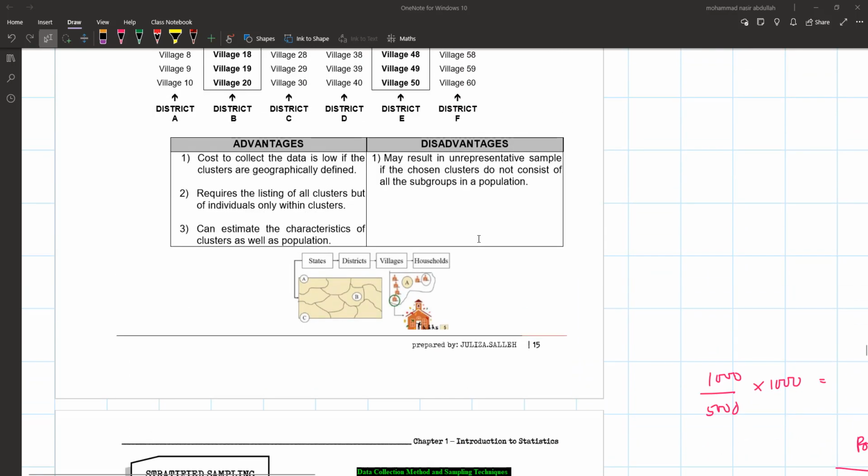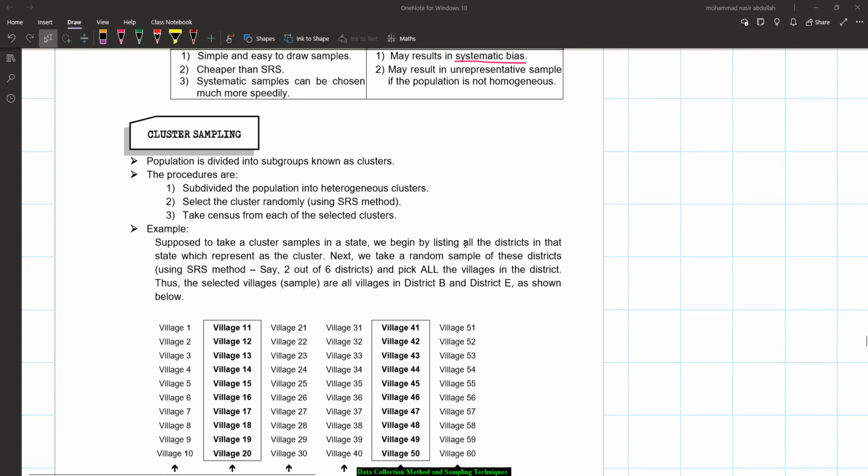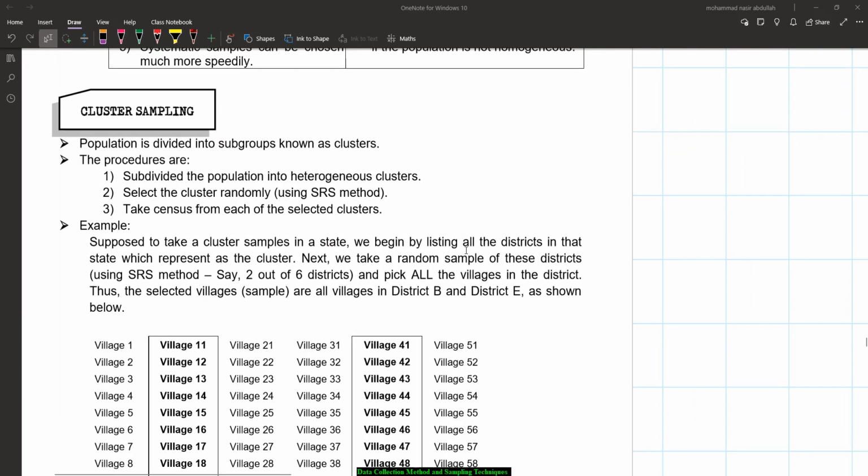It's not practical. So that's why there is another method called cluster. Cluster has the same procedure as the stratified sampling method, but with some tweaks in selecting members.